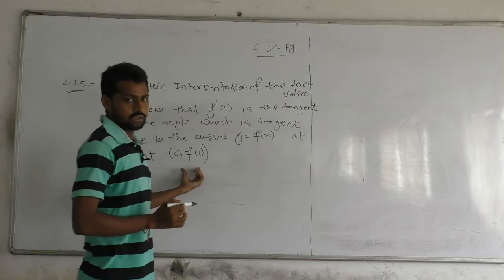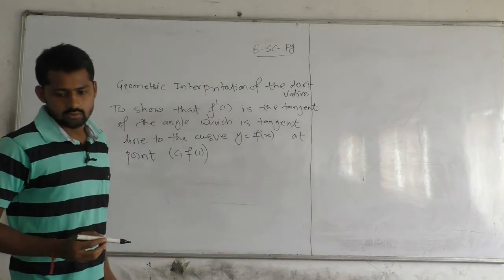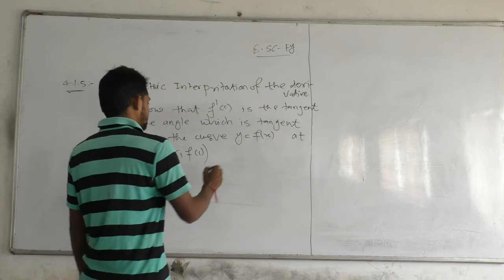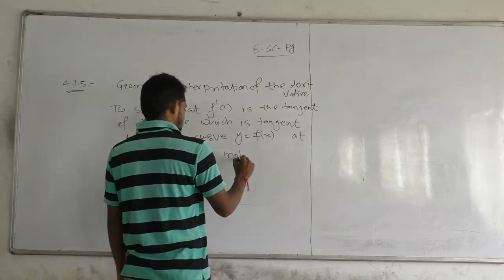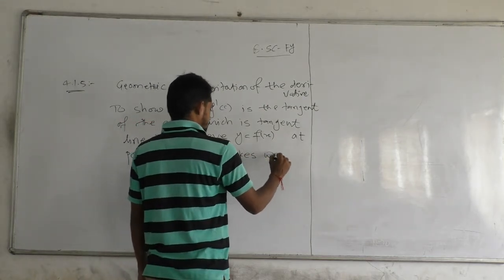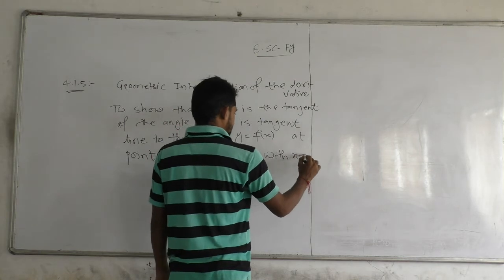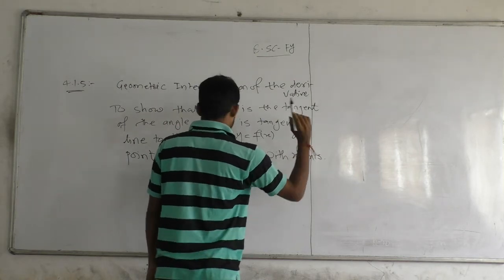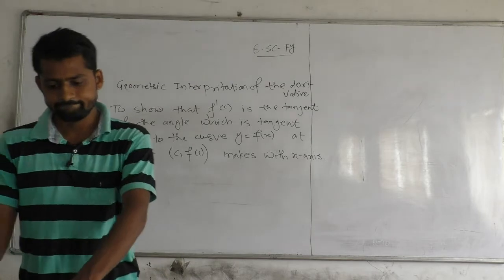This is the point on the curve. It makes an angle with the x-axis.